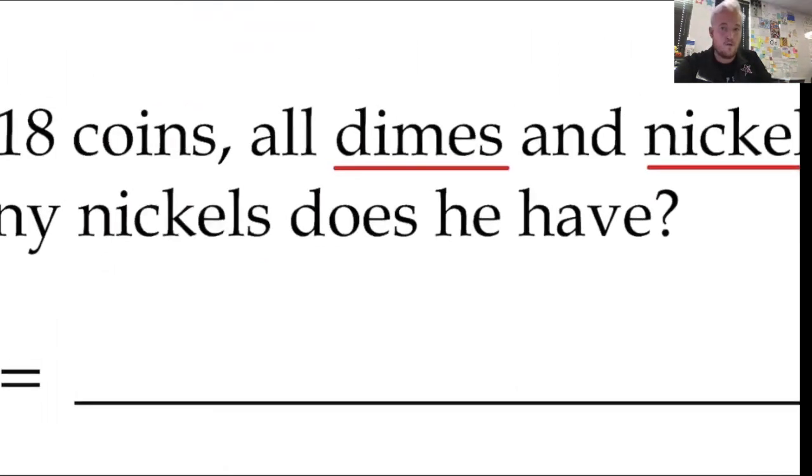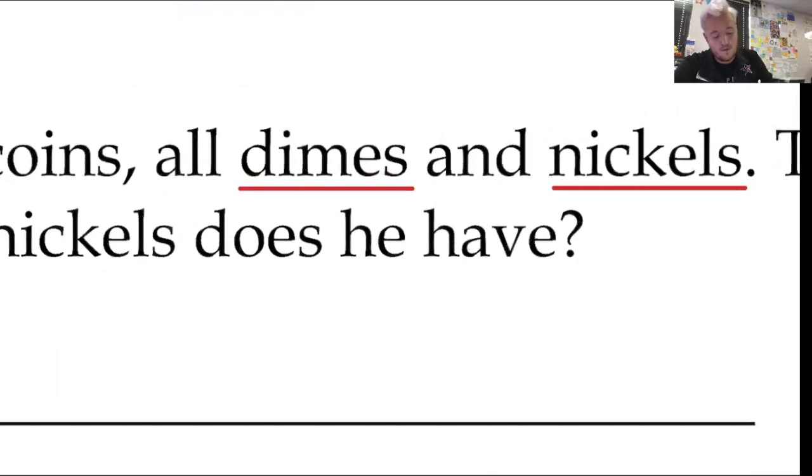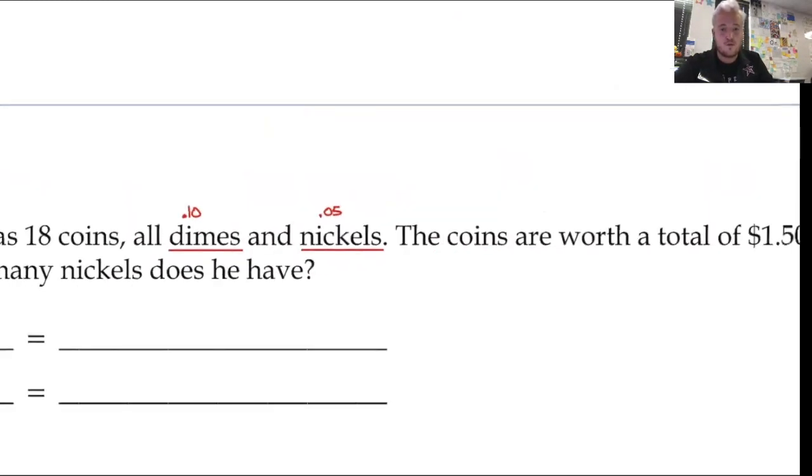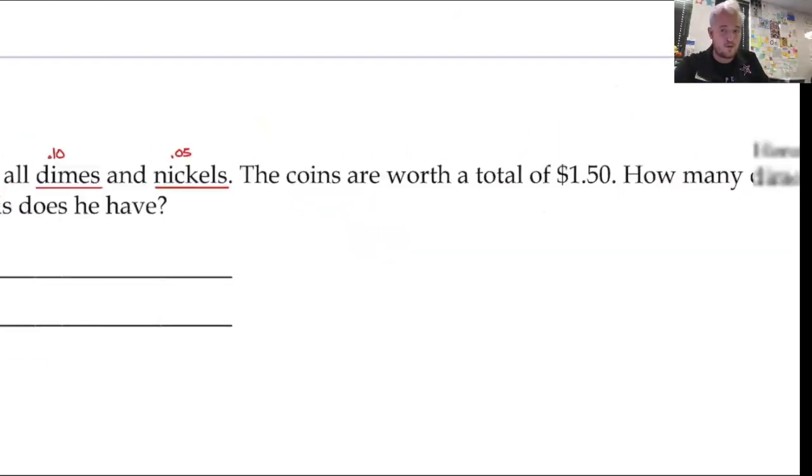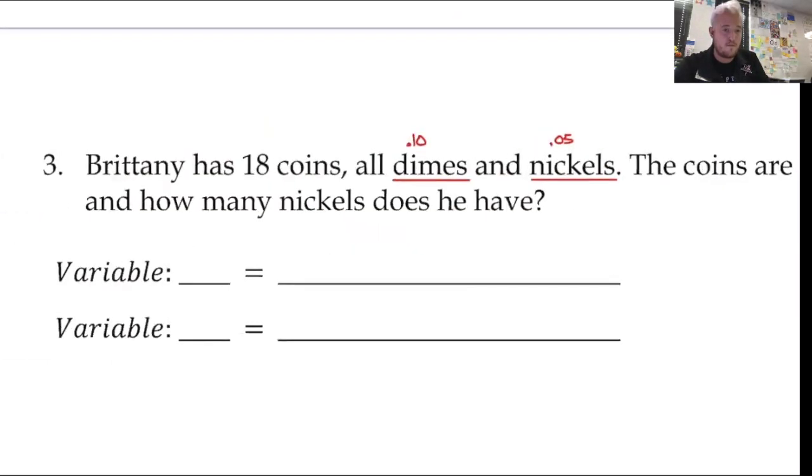So think of the value of a dime and a nickel. Dimes are 10 cents, nickels are 5 cents. The coins are worth a total of $1.50, so that's going to be your value equation. But they have 18 coins in total.